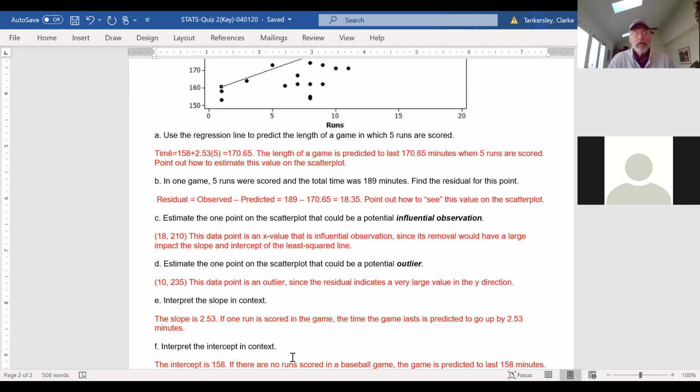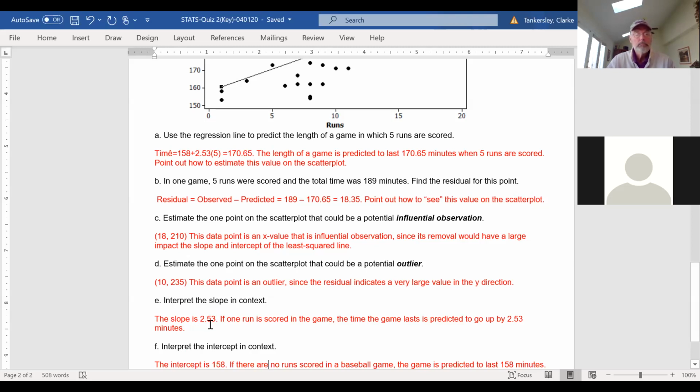So if we have a linear regression line and the slope is 2.53, what are the units there? Runs. Okay, 2.53. Let's go back up here under A. Here is the slope, 2.53, in minutes.